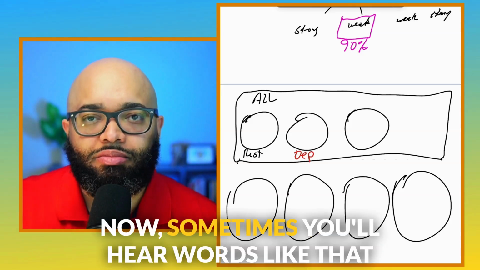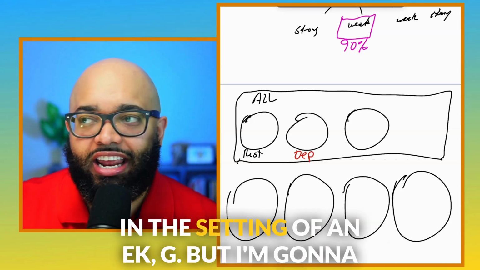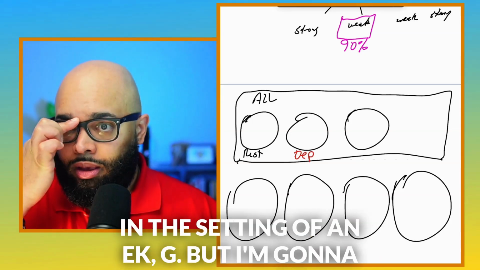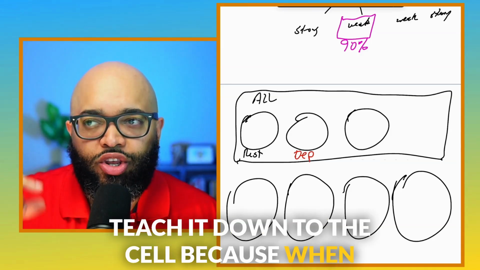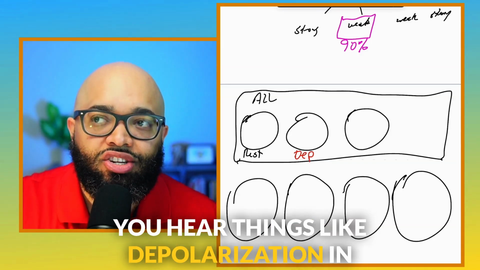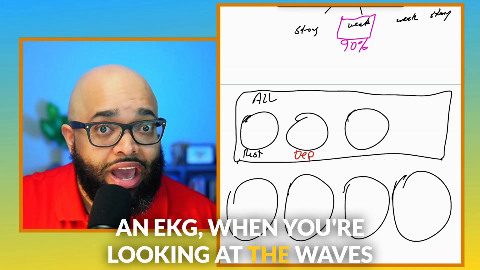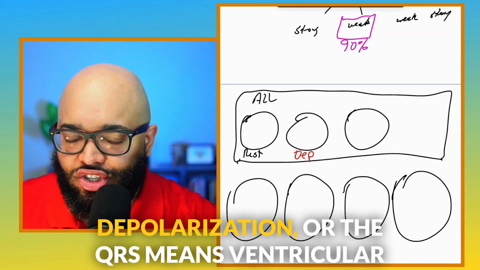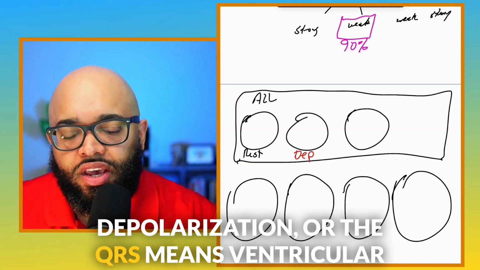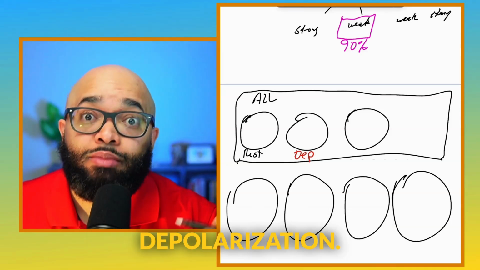Then there's this other thing called depolarization. Now, sometimes you'll hear words like that in the setting of an EKG, but I'm going to teach it down to the cell, because when you hear things like depolarization in an EKG, when you're looking at the waves and you say the P wave means atrial depolarization, or the QRS means ventricular depolarization.